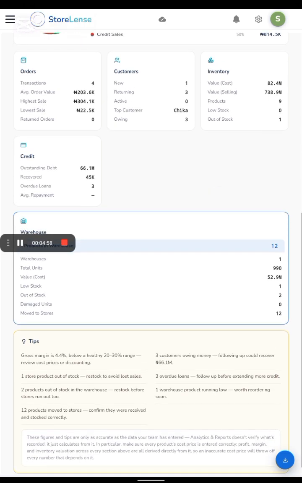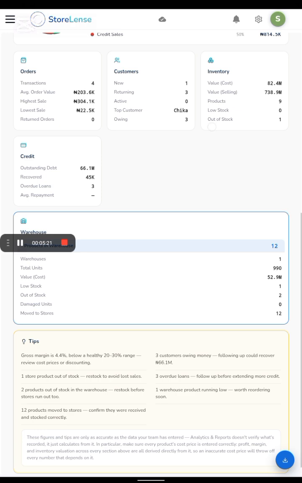These orders are more like, okay, how many transactions did I complete in this specific period of time? What are the average order value and the highest sale I've made in this particular period, and the lowest sale? What are the returned orders? So these are under the orders.